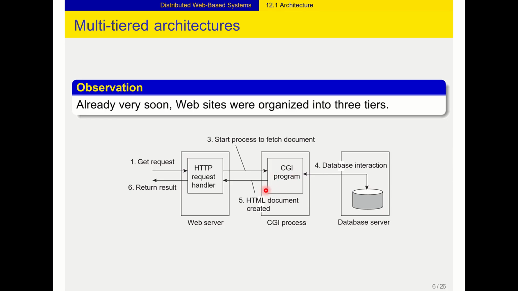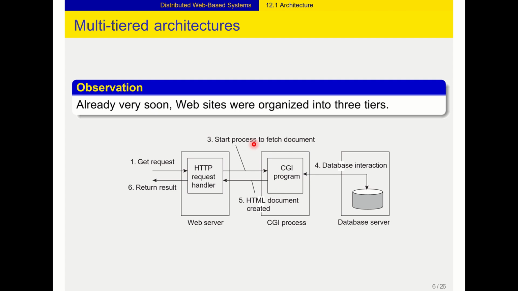Previously, in the traditional architecture, the web server would fetch a document by itself, but instead of fetching the document by itself, the server will hand over the entire job to the CGI program. To the server, it looks as if it is simply asking the CGI program to fetch the document.